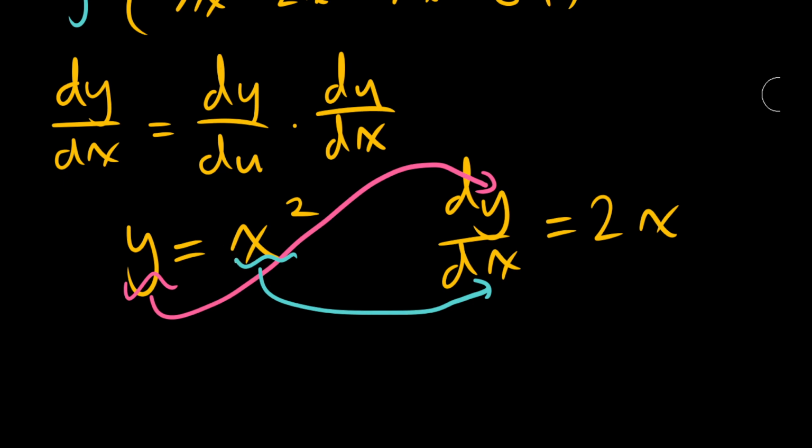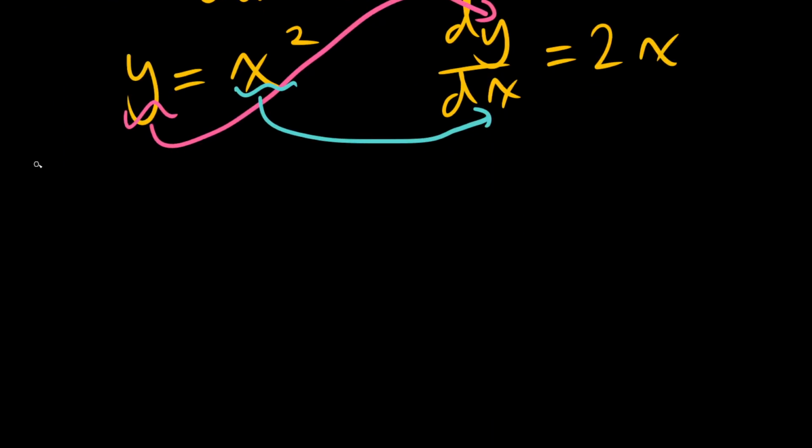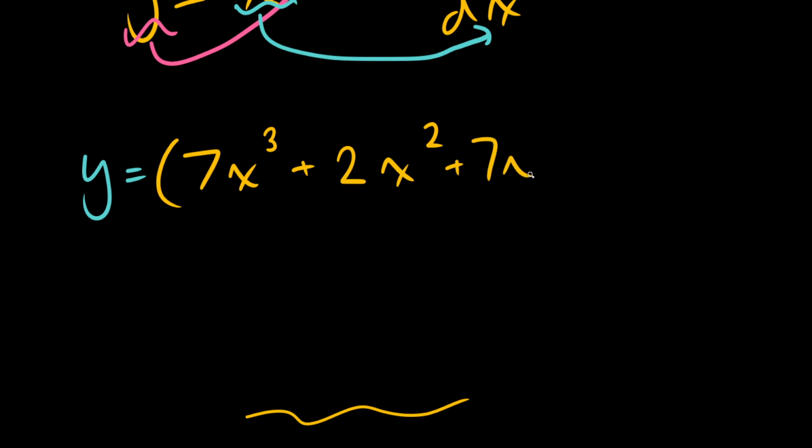So what they're saying is, if you split up a function into terms of u, like, for example here, y equals 7x cubed plus 2x squared plus 7x plus 69 to the power of 11.